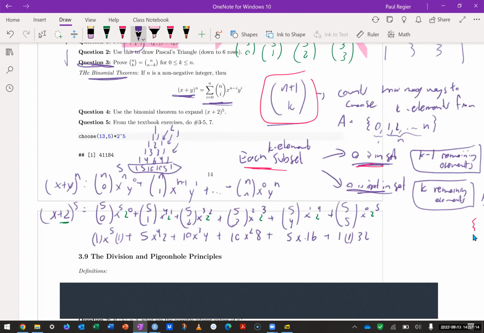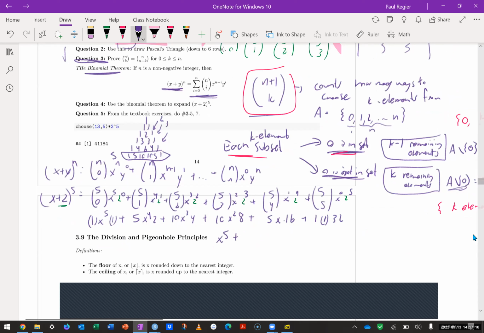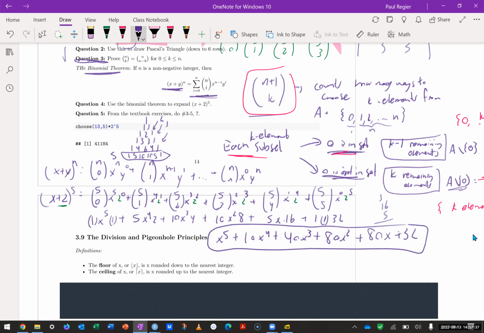So this polynomial becomes x to the 5th plus 10x to the 4th plus 40x cubed plus 80x squared plus 16 times 5, 80x, plus 32. So now I've expanded that polynomial, which is much preferable to actually multiplying something out many, many times.